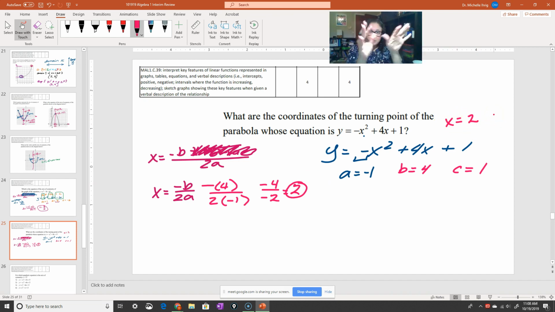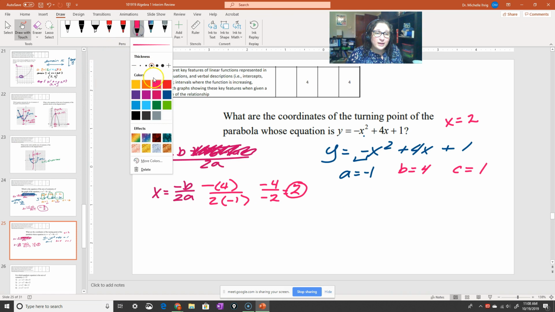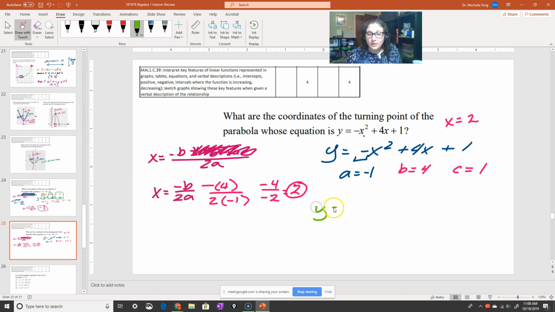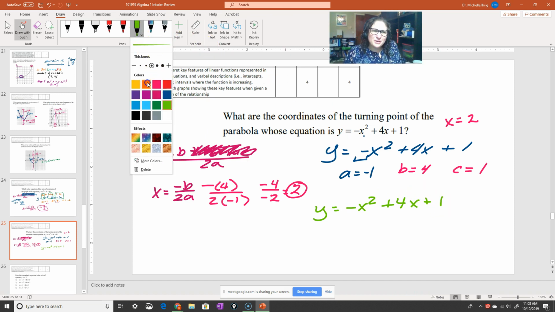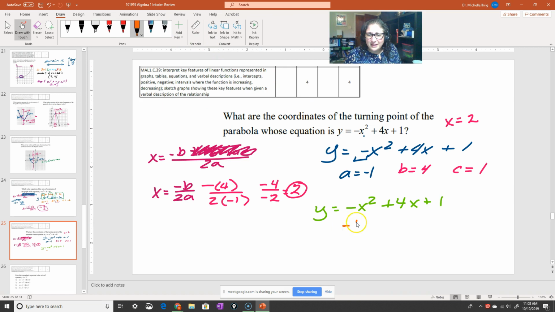That's when it flips. Then you take that 2 and plug it into the equation, and you're going to get your other point for your turning point. So now I have my original y equals -x squared plus 4x plus 1. I'm going to substitute. Super easy. Negative times 2 squared plus 4 times 2 plus 1. 2 times 2 is 4.